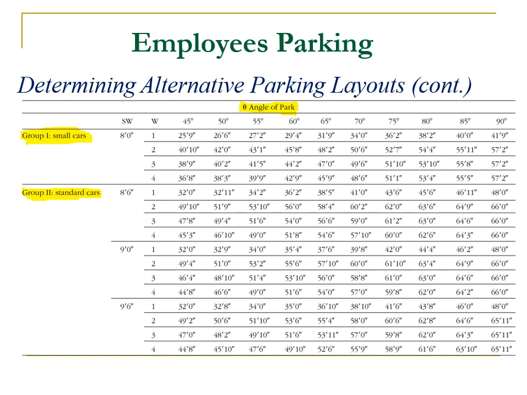In this table the angles are considered as 45, 50, 55 up to 90. All these angles are provided here. For small cars, the only alternative stall width considered is 8 feet, but for standard cars, 8 feet, 8 feet and 6 inches, 9 feet, and 9 feet and 6 inches. So different stall widths are considered.